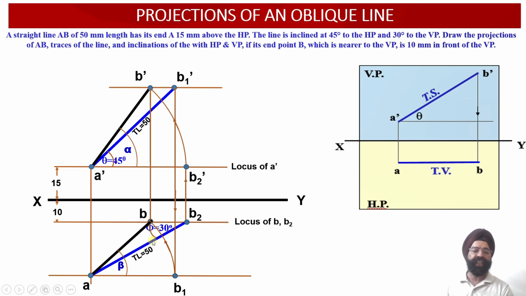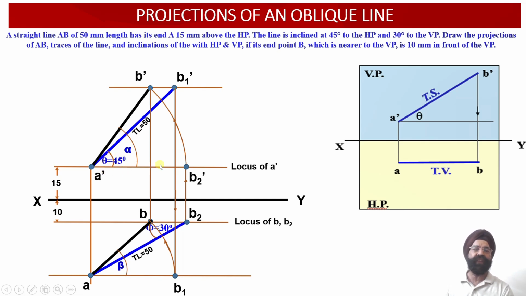It is shorter than the true length in plan, but the apparent angle of inclination beta is greater than angle phi. Similarly, the apparent length in the elevation is shorter than the true length in elevation, and the apparent angle of inclination alpha is greater than the true angle of inclination, that is theta.